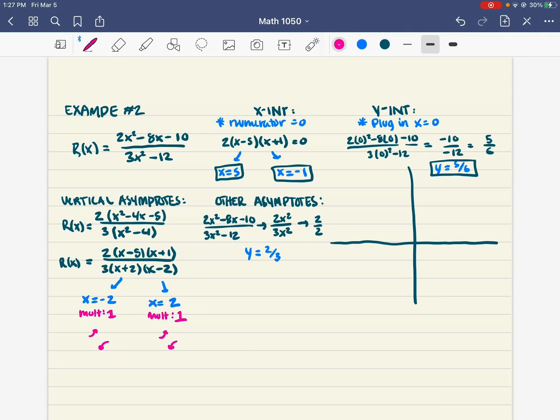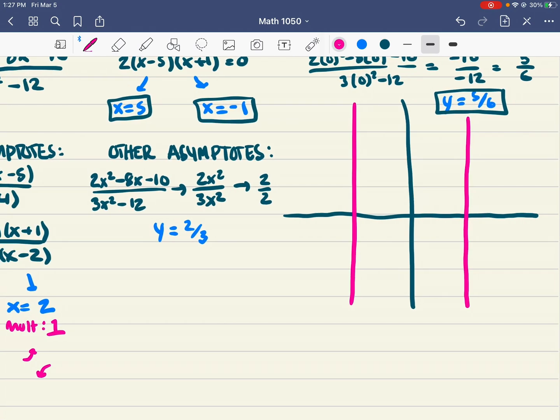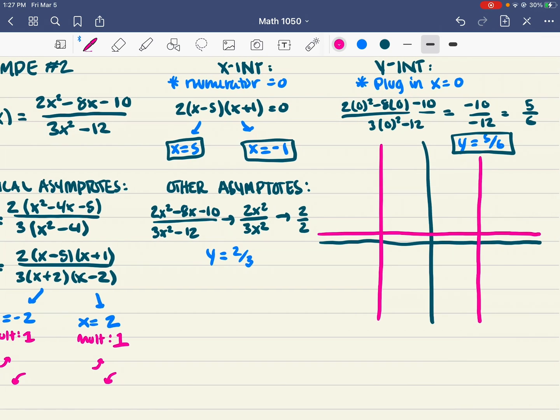X-intercepts, y-intercepts, and asymptotes. I'm going to graph all of those first and then see what our graph is going to look like. So we have a positive 2 and a negative 2 asymptote. I'll draw those. We also have this funky horizontal asymptote at 2/3, which is really close to the x-intercepts, but not quite. There we go. So we have x equals negative 2, x equals positive 2, and y equals 2/3.